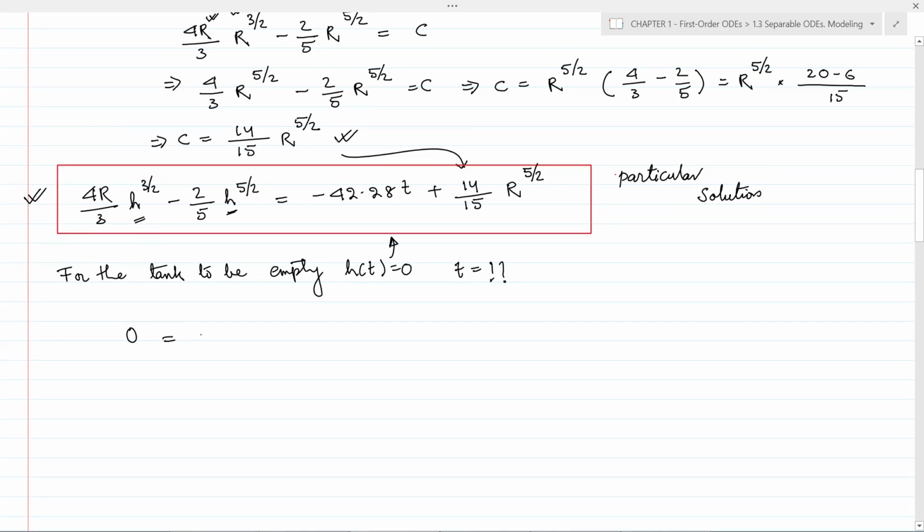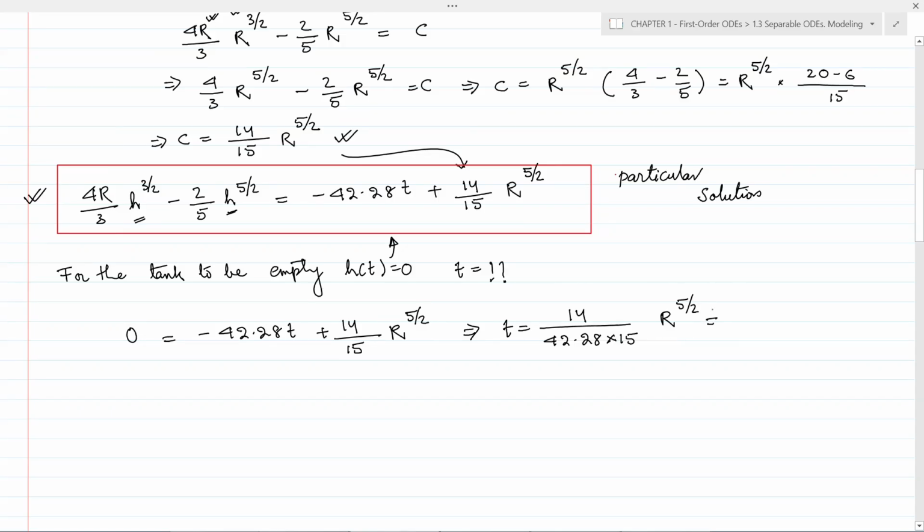This is equal to minus 42.28 t plus 14 by 15 r to the power 5 by 2, which implies t equal to 14 by 42.28 multiplied by 15 r to the power 5 by 2.